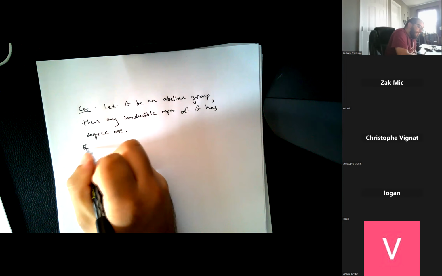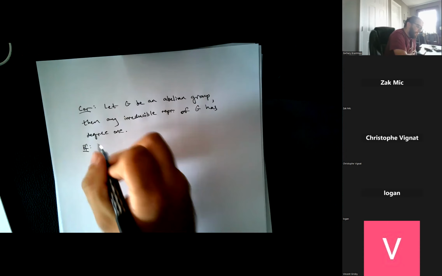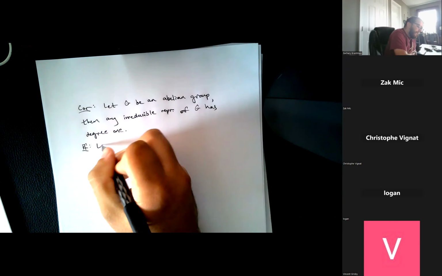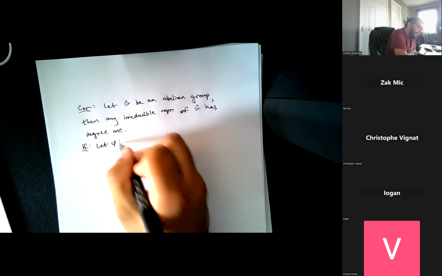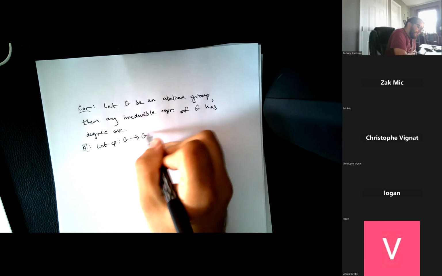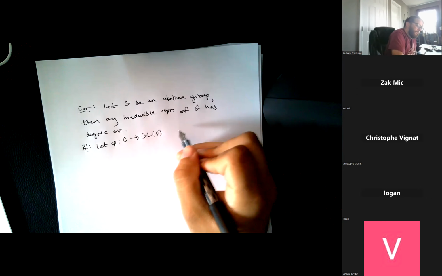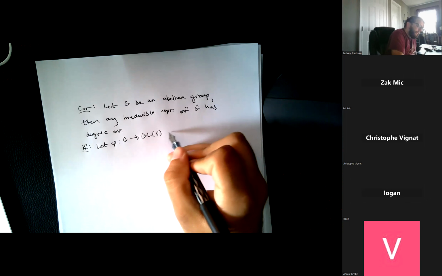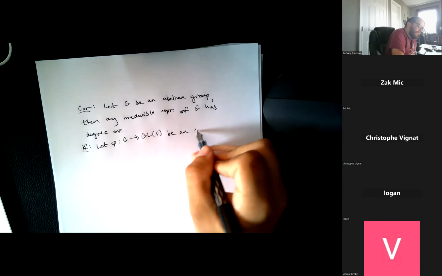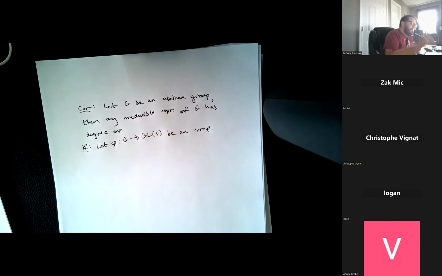Okay, here's the proof. So let phi be such a representation. So phi from G to GL of V. So this is an irreducible representation of the abelian group G.